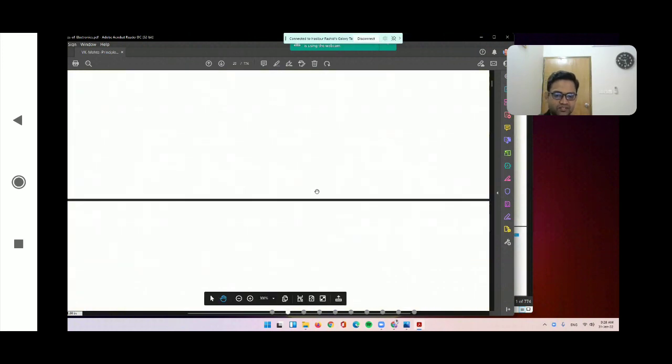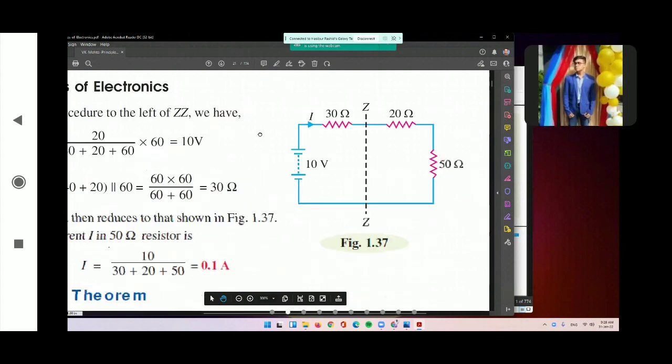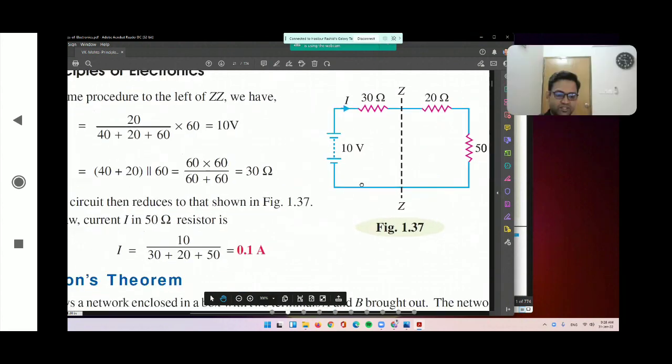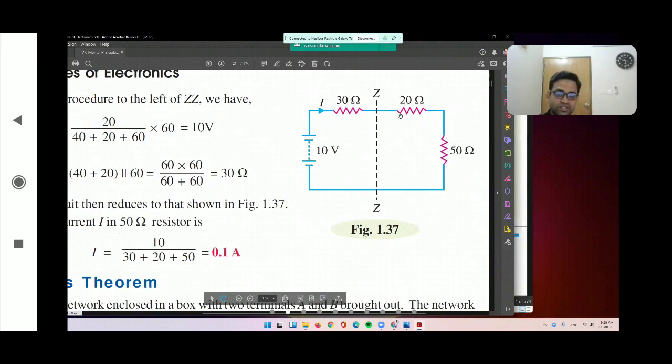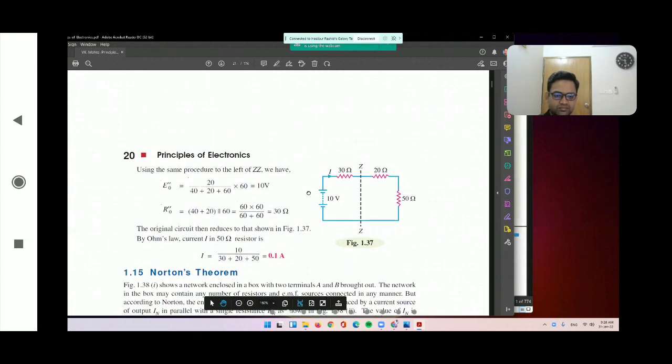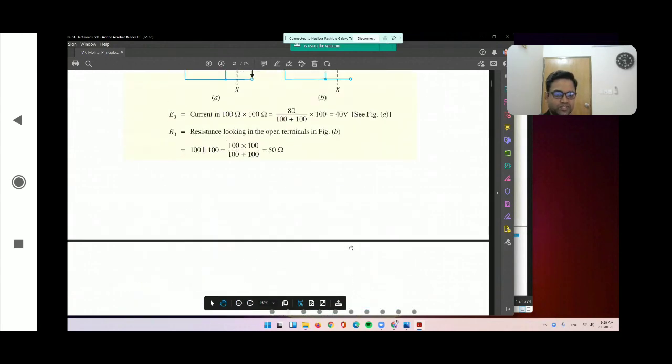After that, that is the equivalent circuit, and then we can easily find the current going through the 50 ohm resistance, and that is the answer. So I equals V by R, this one plus this one plus this one. Right? So this is a new technique. You need to know a lot of techniques to solve the math.